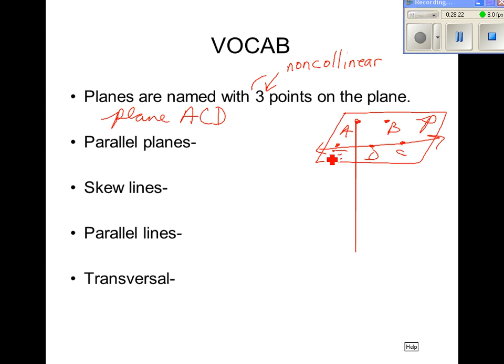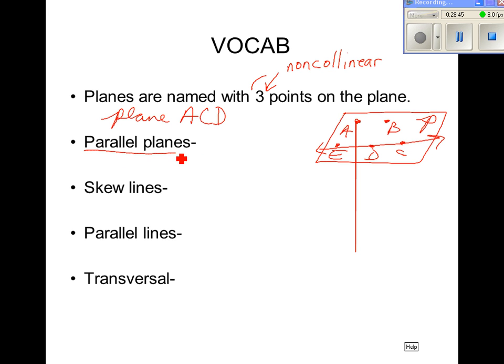Would it contain that same line? So we wouldn't know which plane we're talking about. So they've got to be non-collinear. Right, it takes 3 points to make up a plane, 2 to make a line.